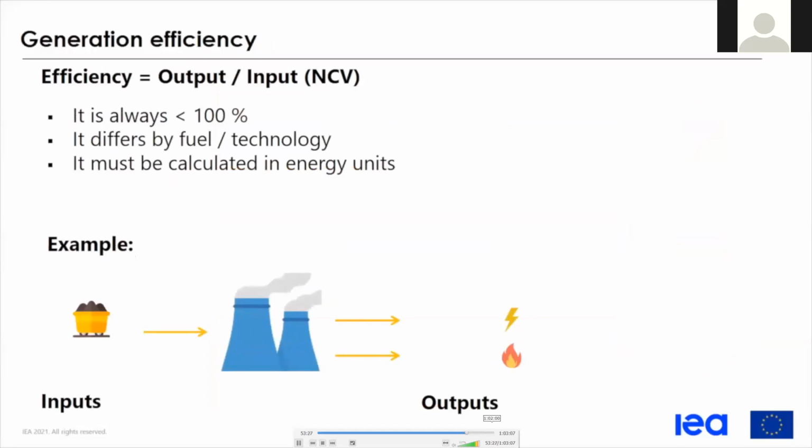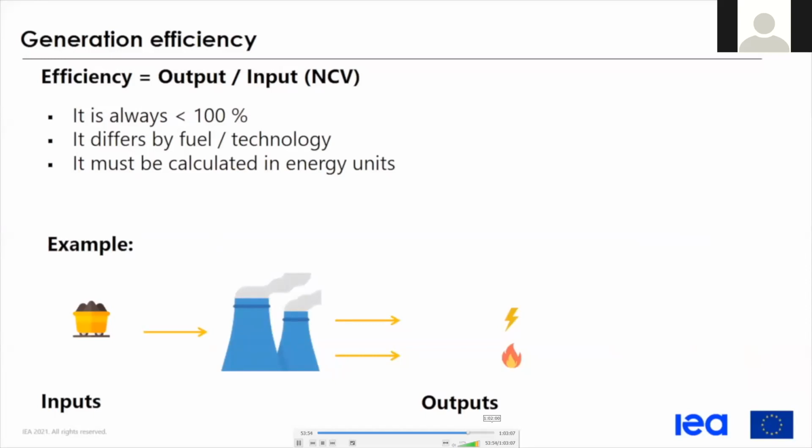And again, an efficiency is calculated by the output divided by the input in net, using net calorific value to work in energy units. And in energy units, it's always below 100%. The efficiency will differ by fuel or technologies. And once again, you must calculate your efficiency in energy units every time you can.